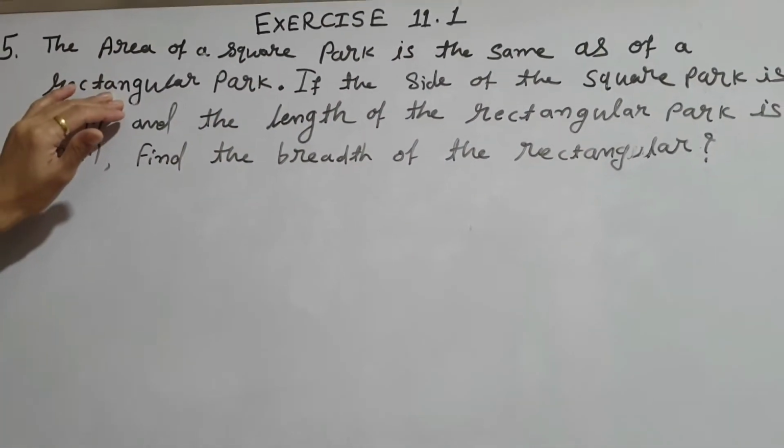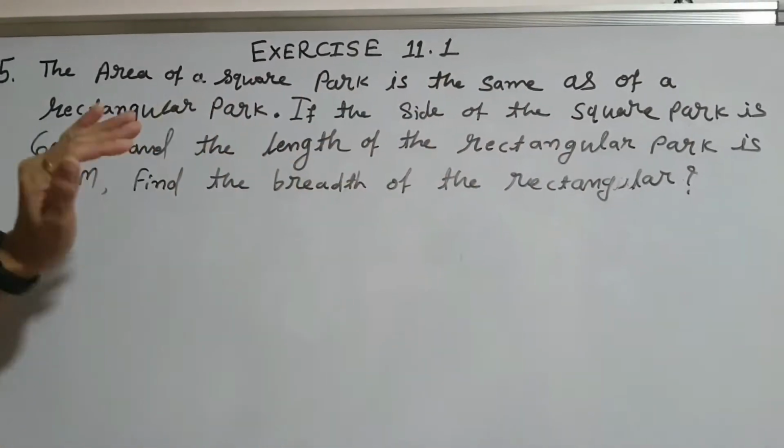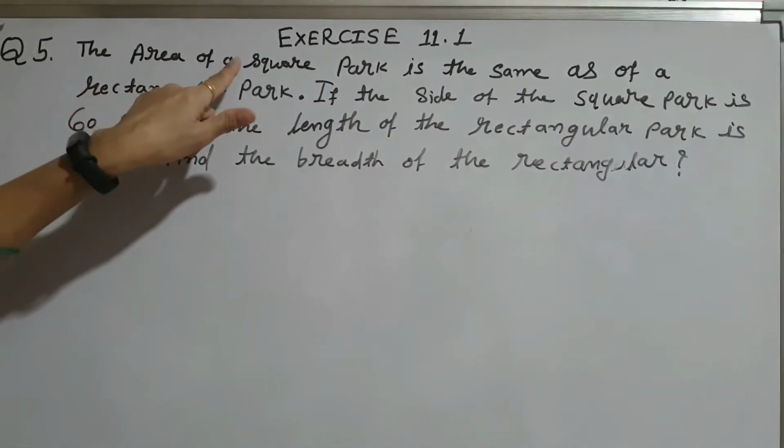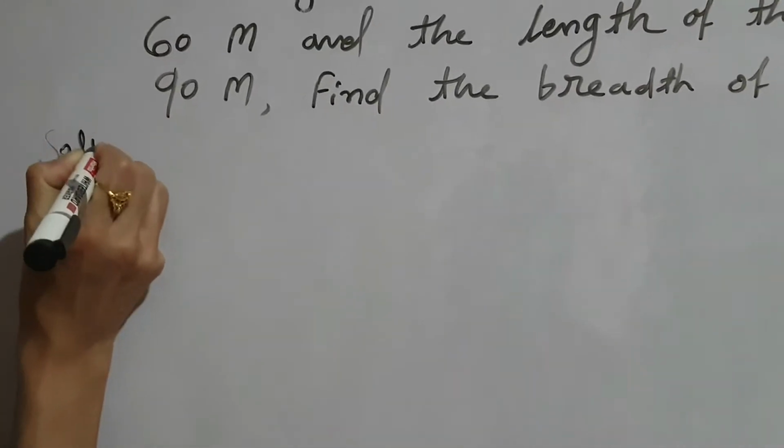These are equal. So side has been given for this square park, so we can find out the area of the square park first. So we will solve the question.